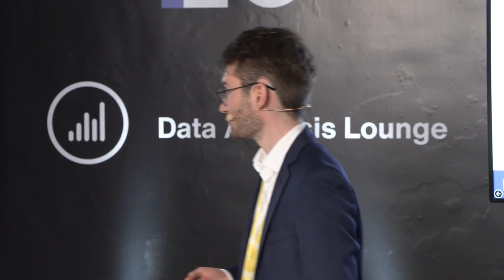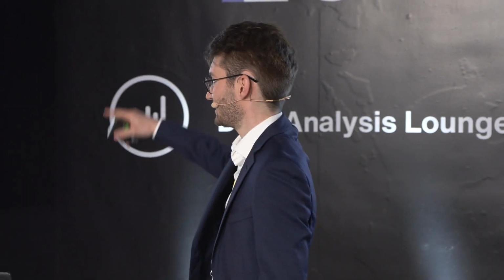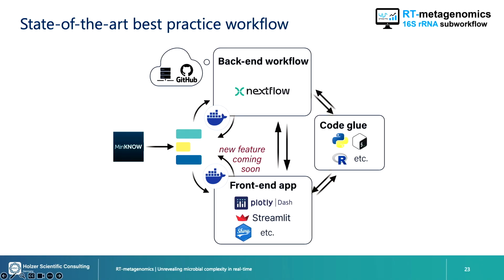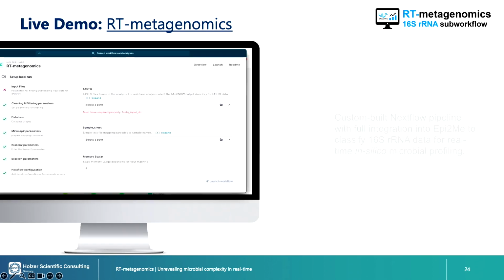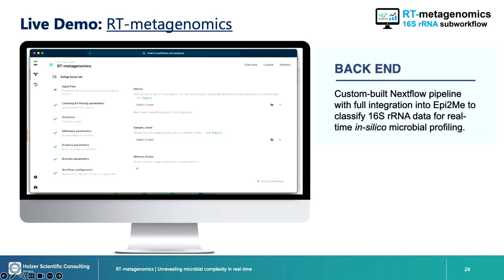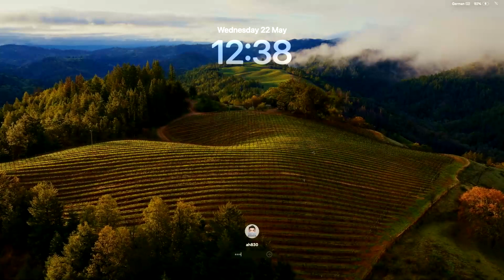In addition, what is quite new is this idea of having a front end as an additional dashboard that also allows us to directly communicate with the Nextflow pipeline in the back end. And we have some glue code that sticks everything together and makes it run smoothly. With that, I would directly jump into the live demo session.